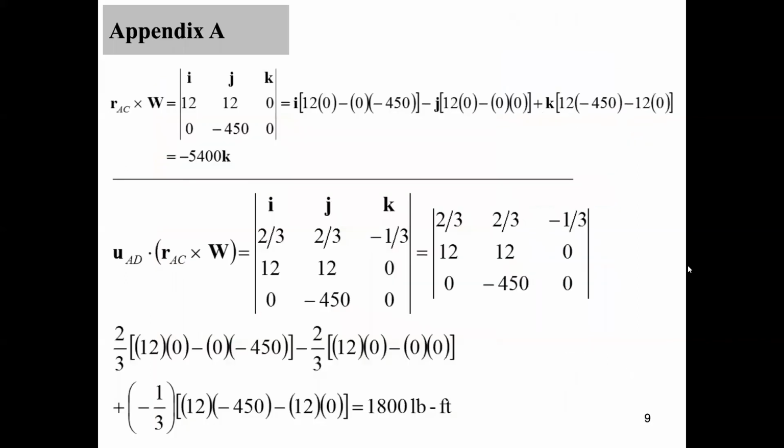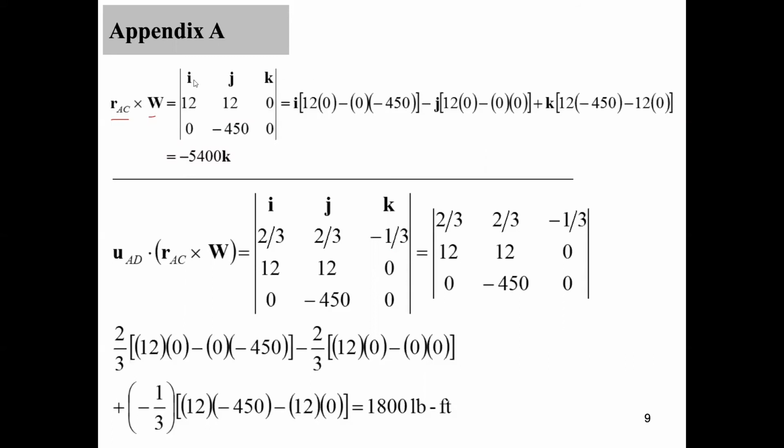In Appendix A, I will be showing you how to perform the cross product of two vectors and the scalar triple product. Let's start off with the cross product of two vectors. Here we have two vectors, RAC and W, and it's required to find the cross product of these two vectors.